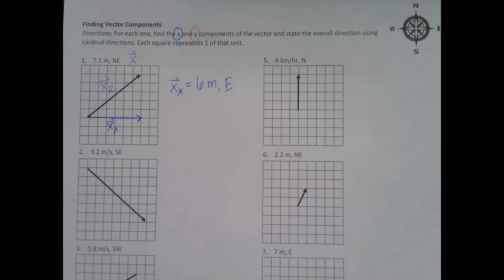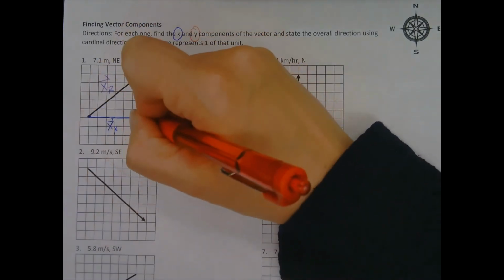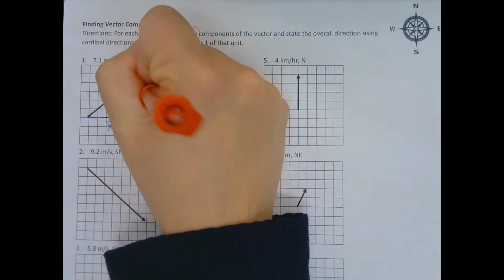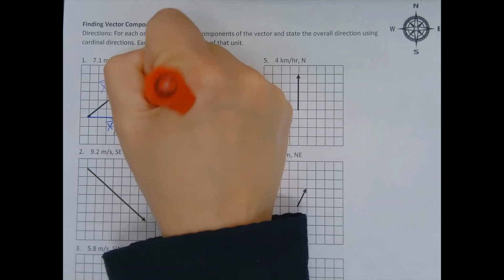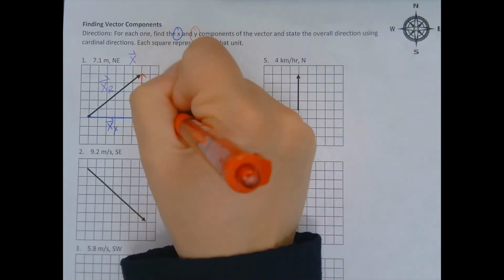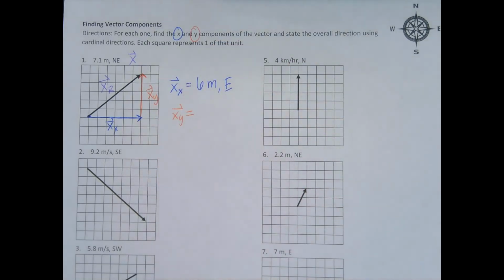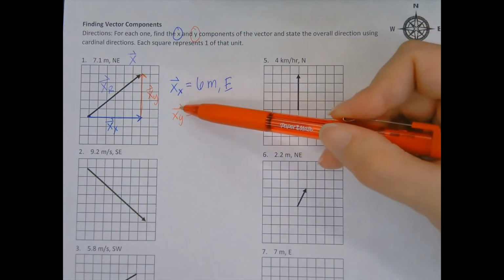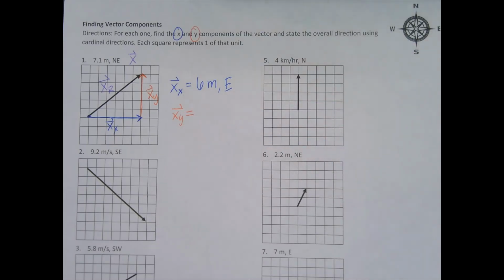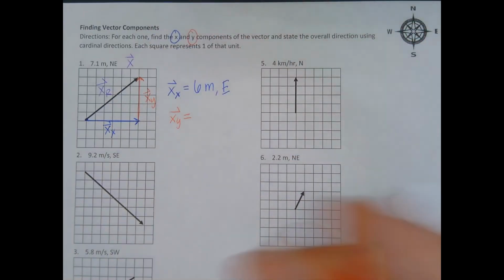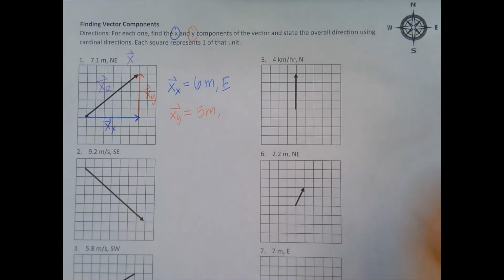It's like you're finding the other sides of the triangle, okay? Well, from there, though, I went up. From there, I went up, so I'm using my other color. So of my displacement vector, this is my Y component. So to actually find this, my notation here is my displacement vector in the Y direction equals, and I'm just going to count 1, 2, 3, 4, 5. 5 meters.